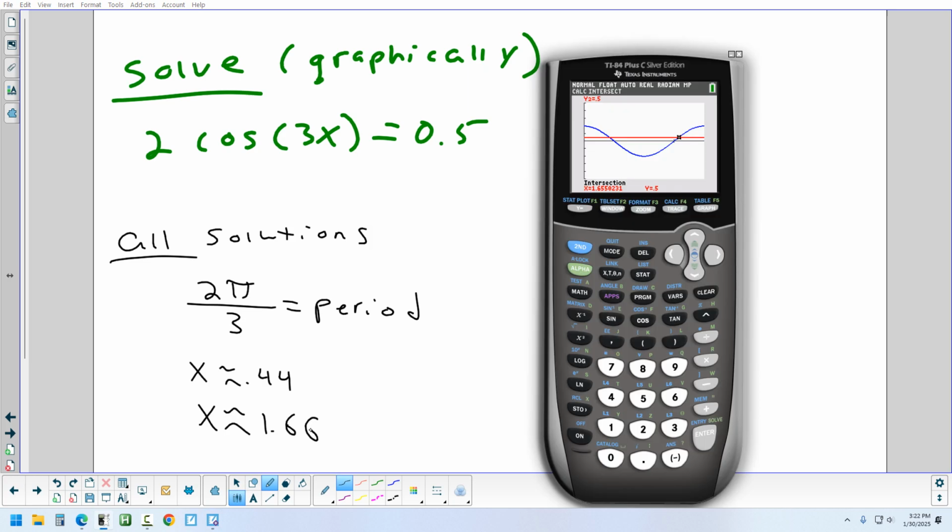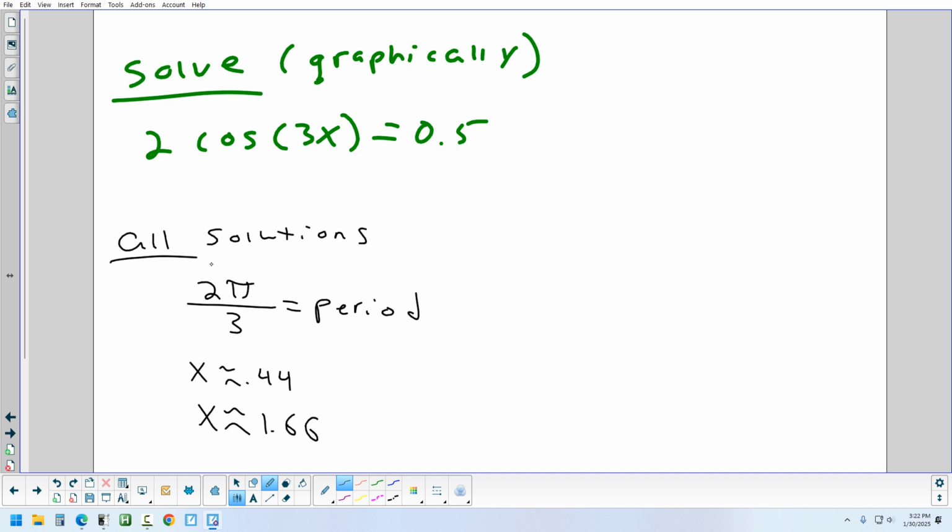Okay. If the question said to find all answers between 0 and 2 pi over 3, then you've done that. Those are all the answers between 0 and 2 pi over 3. But they want us to represent all the solutions. So what could I put on the end of each of them to represent them repeating forever?